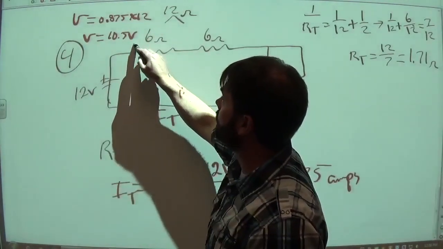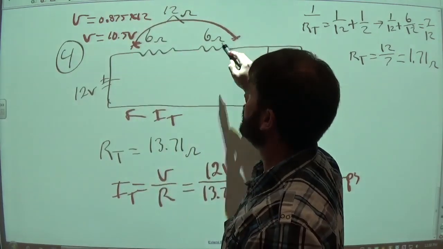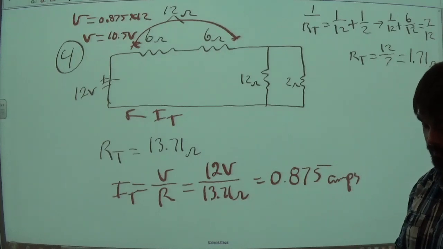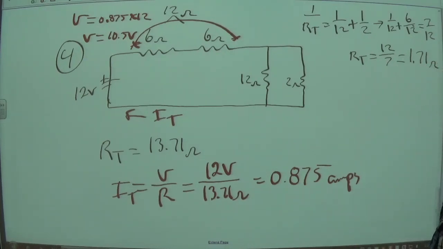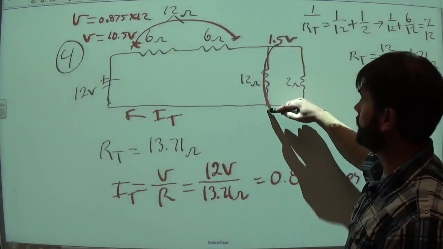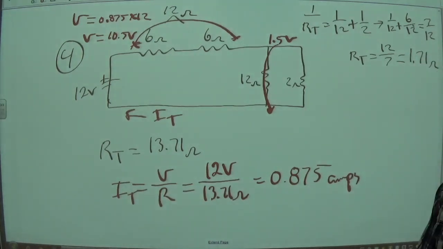That means from here all the way to here, that's what I'm working with, 10.5 volts. So what's left over, if I take 10.5 and subtract it from the 12, I only have 1.5 volts to go across from here to here. To bridge that gap across those two resistors, there's only 1.5 volts left.